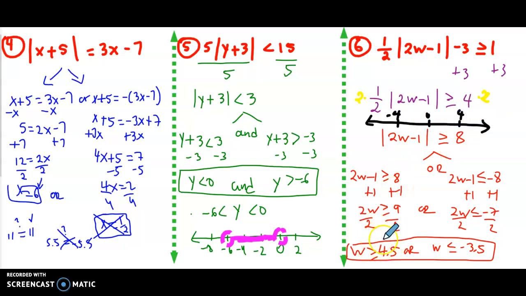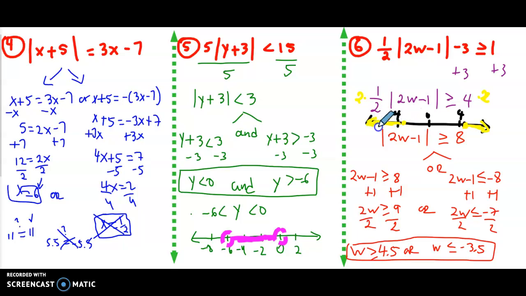So this side tells me go at 4.5, which is right here, closed. Closed, and go to the right, and then closed on -3.5. Well, if it's -4, this is going to be -2, -3. -3.5 would be right here. Closed, and go to the left.